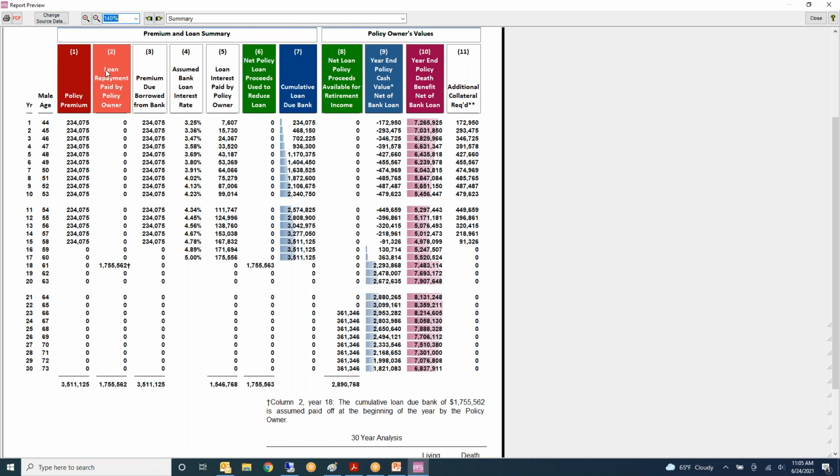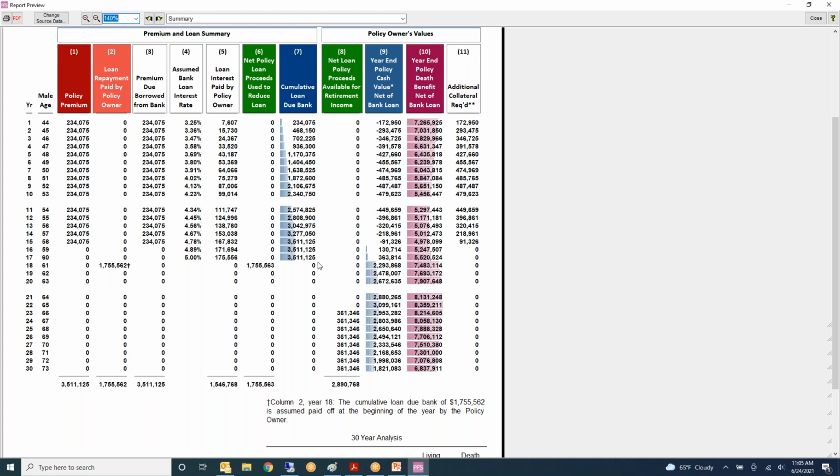And you see here, loan repayment paid by policy owner. This is his own money. So he's going to be paying in year 18, $1.7 million. So the total loan repayment is split between the policy distribution and his own out-of-pocket funds.